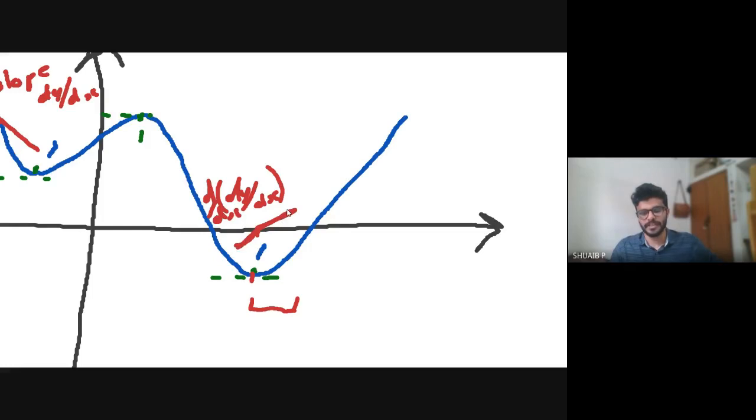So that line represents dy by dx, and d by dx of this line will be the slope of this line. It's positive, so it will be a positive value.